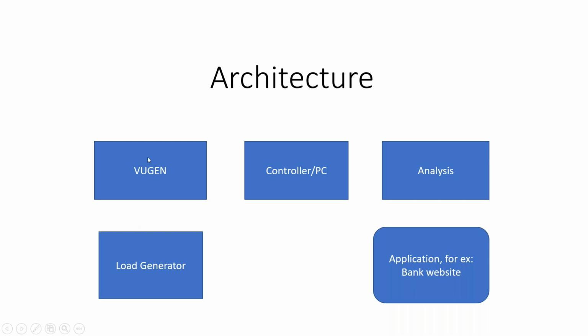The second is Vuser, where we will do recording or generate the script for each functionality. The third part is the controller or the performance center, where we will execute those scripts generated by Vuser. The fourth component is the analysis component, using which we'll analyze the results.